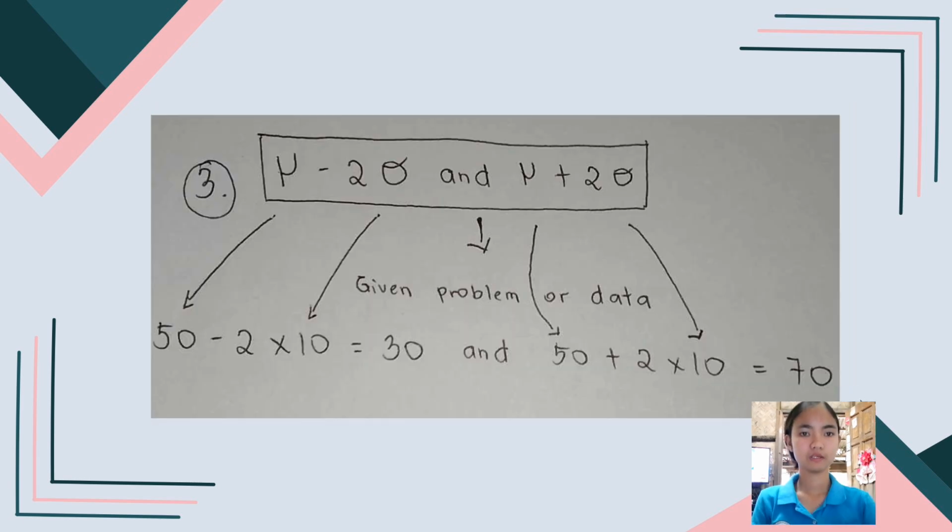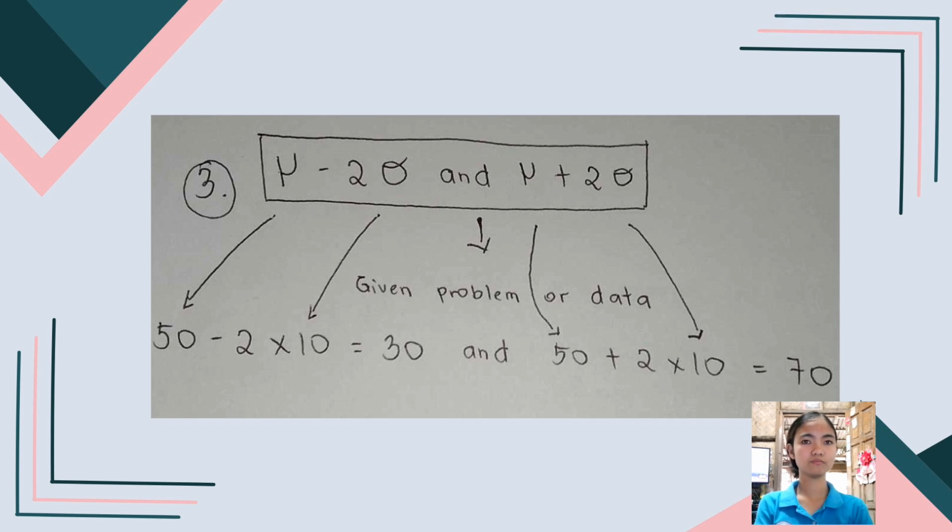Similarly, 95% of the data falls within 2 standard deviations of the mean, which is mean minus 2 standard deviations and mean plus 2 standard deviations. The boxed values are given in the problem. So 50 minus 2 times 10 equals 30 and 50 plus 2 times 10 equals 70.